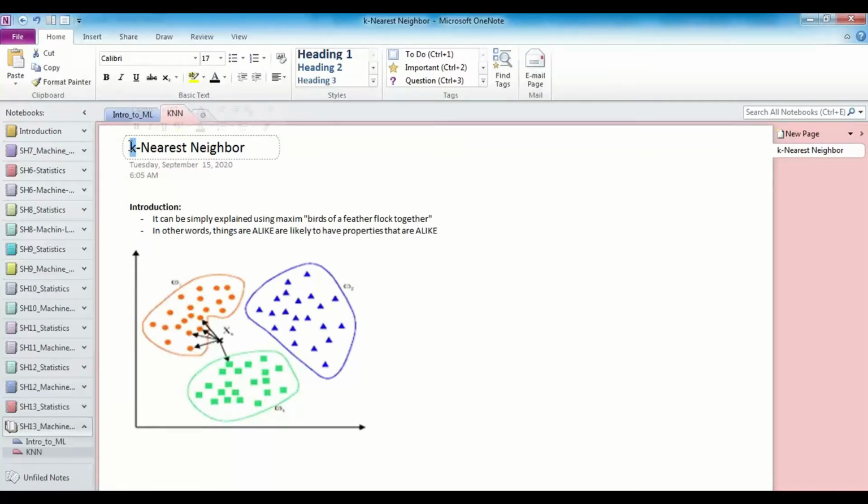W1 orange. Why? Because the majority of the similarities are with that group. Simple. So this is how your entire k-nearest neighbor works. Whatever data you have, you call it training data. The moment you want to classify an unlabeled example, when I say xn, this is unlabeled.